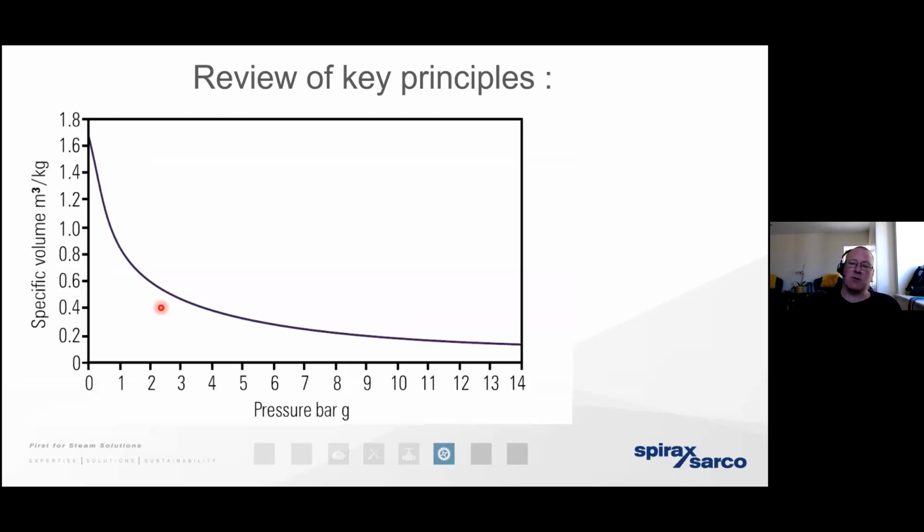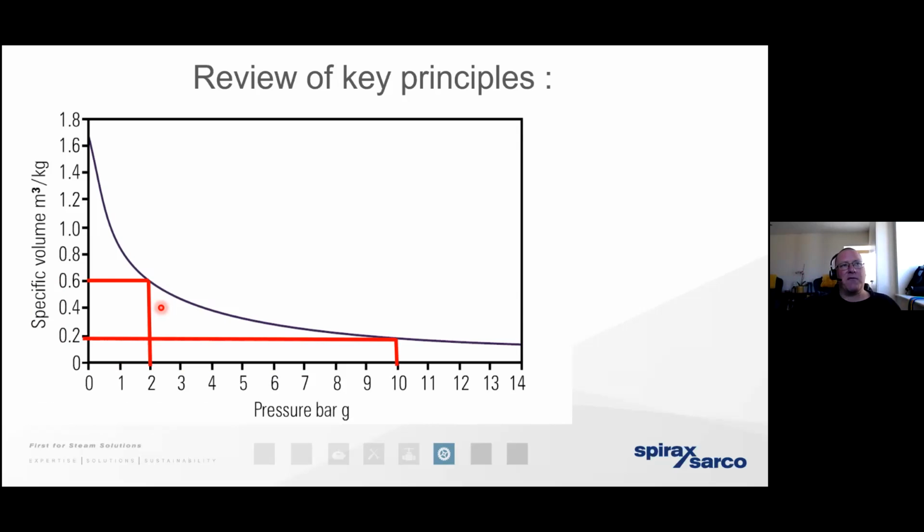But when we're distributing that steam under a high pressure, let's say 10 bar gauge, we've been able to compress that mass of steam down so it occupies a much, much smaller volume. However, when we've reduced the pressure of the steam at the process, we've removed that compression. So the steam is going to expand and exist at a far, far greater volume.